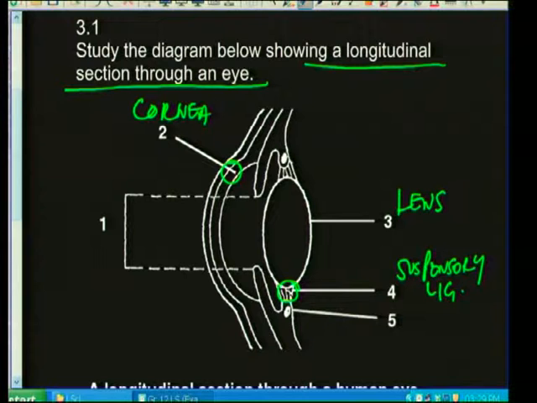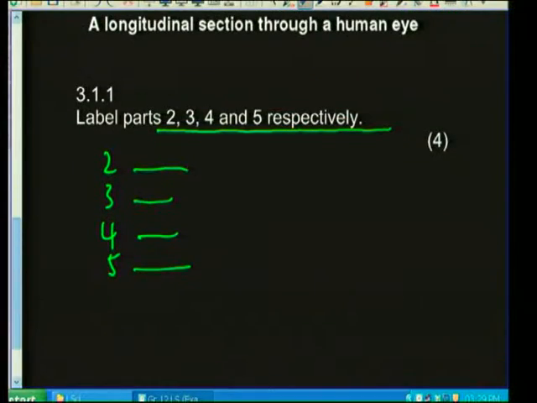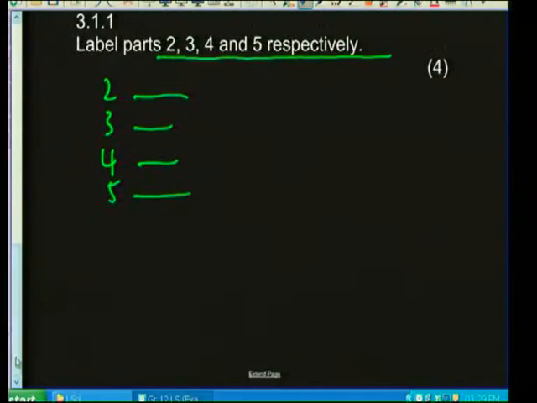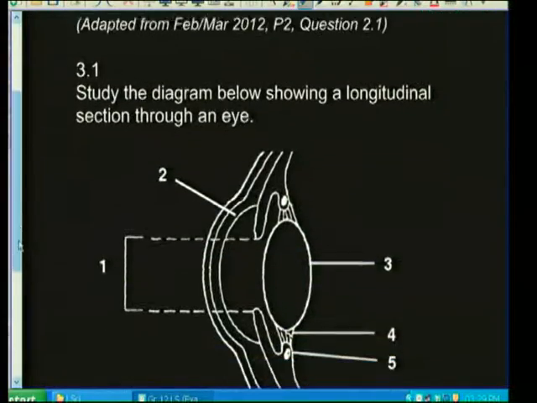And 5, the structure here, ciliary muscle and body. So that's our labels done. Very simple, straightforward. You need to know the labels. Remember that.